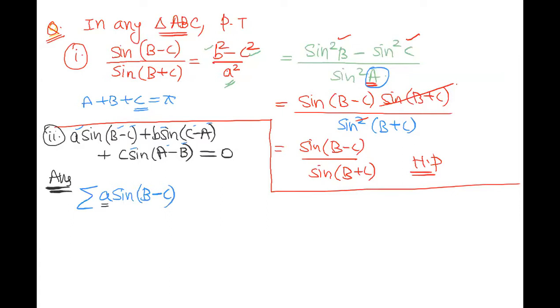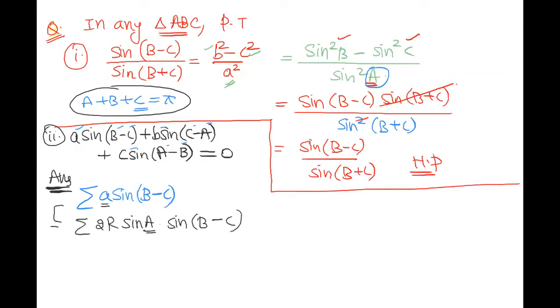So this a I can write as 2R sine a, and a plus b plus c is equal to pi. Let me write it step by step. This is equal to summation 2R sine a into sine b minus c, and this a I'm going to replace with pi minus b plus c.